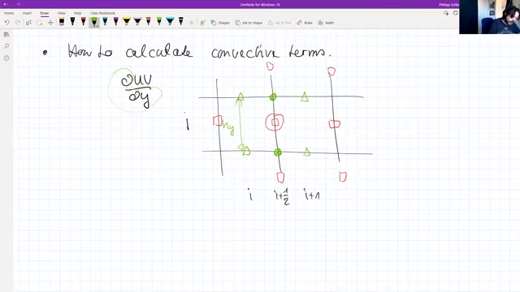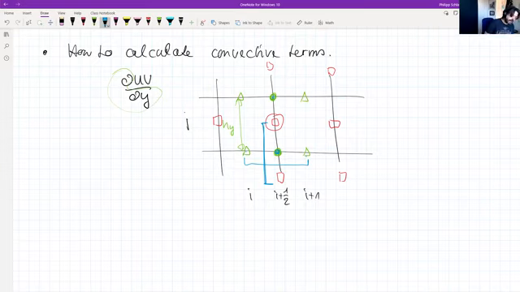Now if I want to calculate the u and v in this point, I need to find a way of going from this triangle and this triangle to this one here. So I need to do an average between these two cell values to get that value. At the same time, for the u velocity, I also need to do an average between these two values to get the u value in this point. And once I have the u and v at these corner points, I can then do the finite differences in the vertical direction.